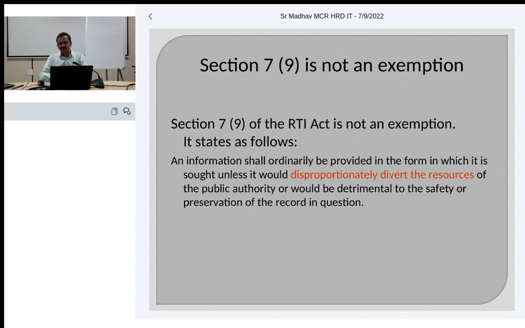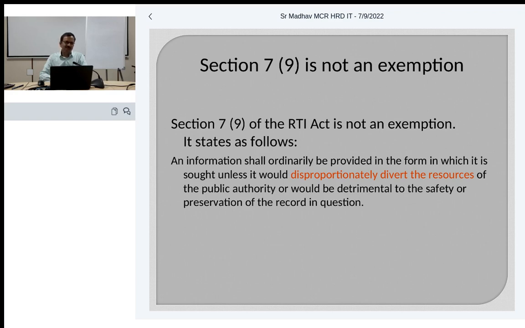Let me give an example. Let us say there are 20 files having a large number of pages. Sometimes the requester wants all that in soft copy format, electronic format. According to Section 2J, the requester can seek information in the format of their choice. But when it comes to disclosure, if they are held in electronic form, then fine, the PIO can provide the information.